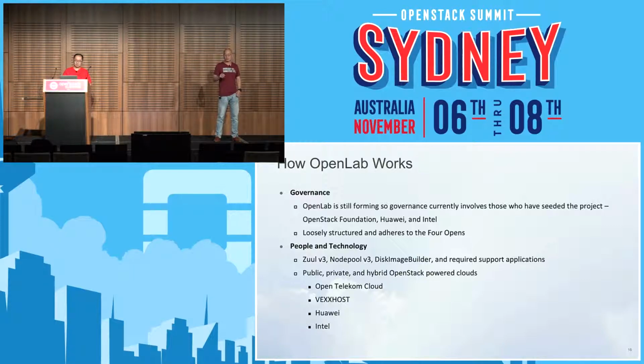So we have listed the governance. You can find this on the website. And we have introduced some tools. At the bottom, you can see Open Telecom Cloud, which is from Deutsche Telekom, has contributed some hardware. And VEXXHOST in Canada also contributed some virtual machines.